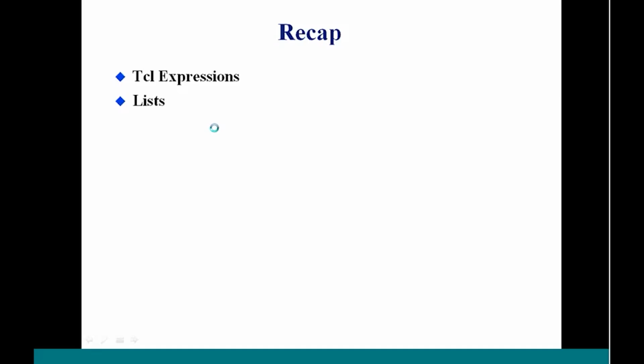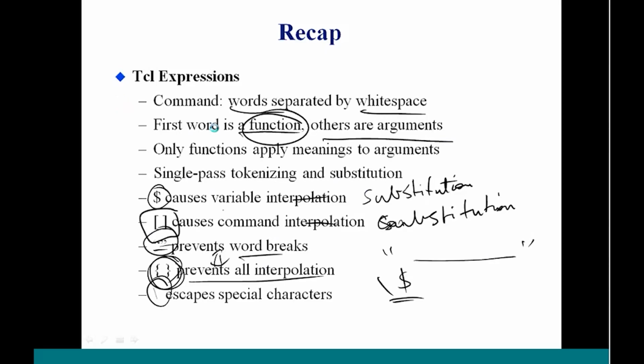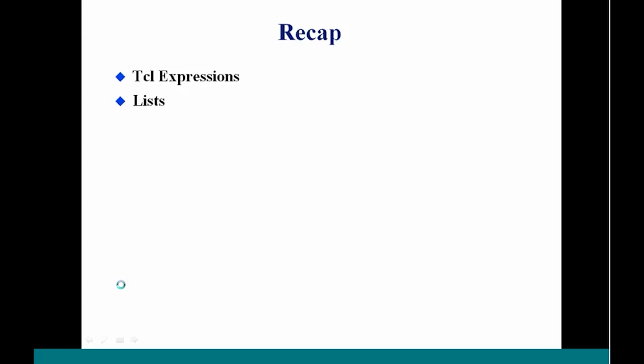Essentially, a list is simply a string with list elements separated by white space. We can use braces or quotes to group the words with white space into a single list element, which is very similar to what we saw here. So we can use curly braces to group elements and treat them as a single element inside a list.